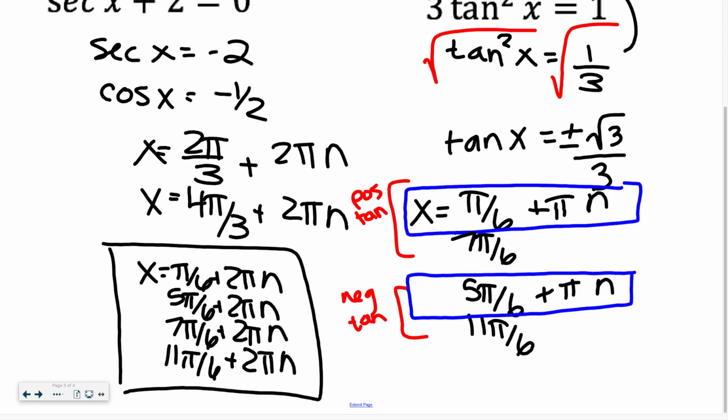Its period is only pi, right? It takes less time for it to repeat itself. So I call those other ones that I didn't box redundant. I don't really need to write down 7 pi 6 and 11 pi 6, because if I just add pi n, I get to them. So we'll talk about that every time we do a tangent, that there are redundant answers, but it's not wrong for you to list them all out. You're just doing more work. Okay, it's still right.